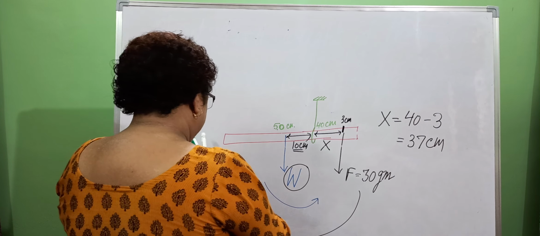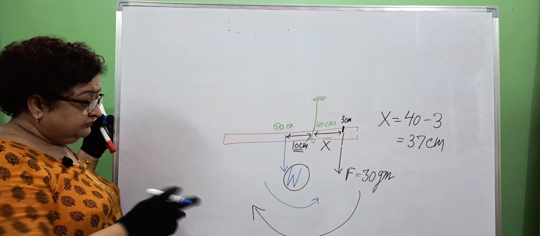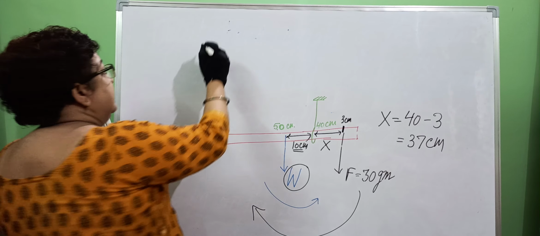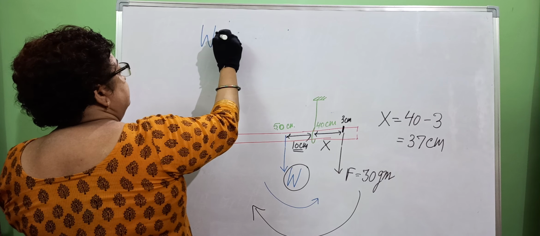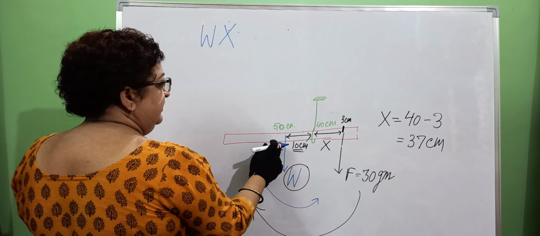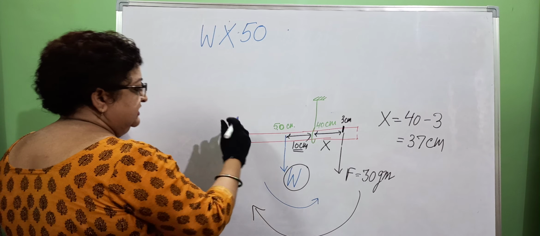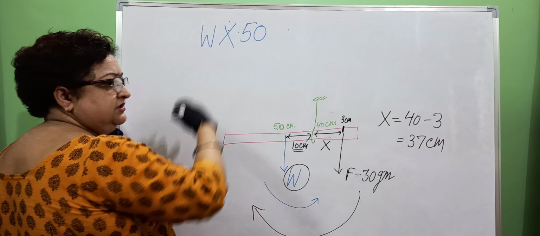Let me calculate the weight of the scale. Be fast. If the weight is not known, then I will use the weight as W into the perpendicular distance of the weight from the point of rotation, that is 10 centimeter. This is the anti-clockwise moment.